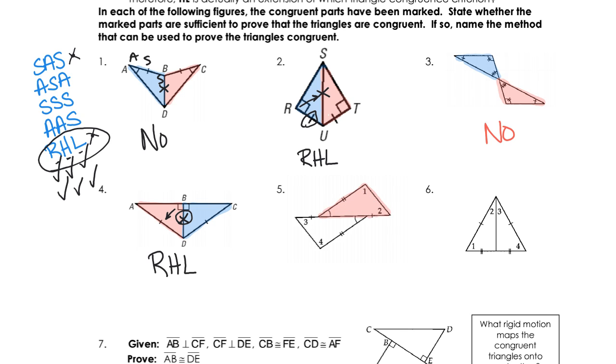As you're highlighting, think about how many pairs of parts you have. And you're going to notice this one's a little on the tricky side. You do have an angle in each. You also have a side in each. And there's this little tiny tick mark here, guys, that's marking this part. But this part here is where the triangles are back to back.